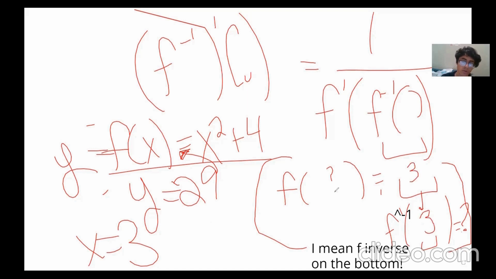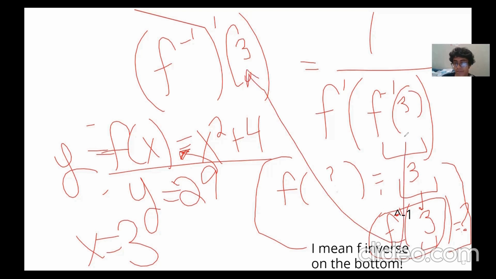And why do I support that claim? Because of the inverse. Sorry, if that was confusing, that's not a derivative, this is an inverse function. If you input the 3, it'll produce some output, which if you put into the original function, will produce the 3. This is the same inverse function input, same inverse function input, right? That's the idea I want to get across.